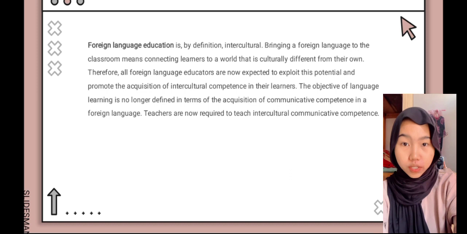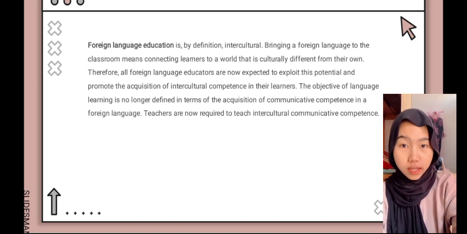Policymakers include intercultural objectives in the curriculum, and teachers find themselves faced with the challenge of promoting the acquisition of intercultural competence through their teaching, which applies to all teachers of various subjects as well as to foreign language teachers.